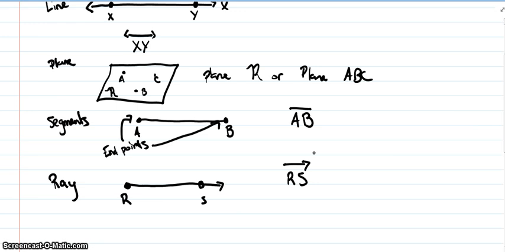And then opposite rays are where they share a common endpoint and then they go each way. Opposite rays share an endpoint, so like E would be here, and then they have F and then G. We'd write it the same way we write the other one.